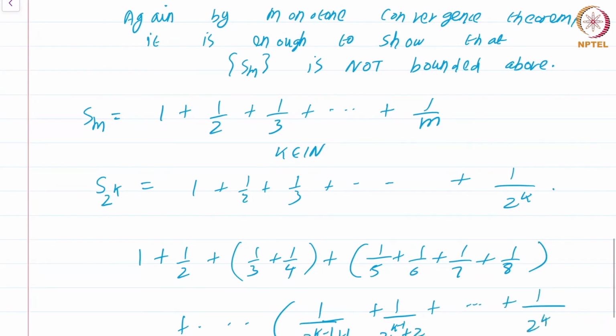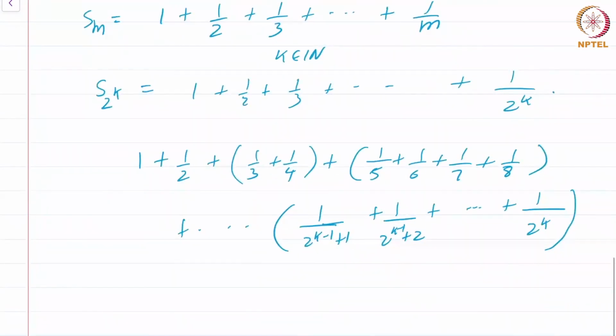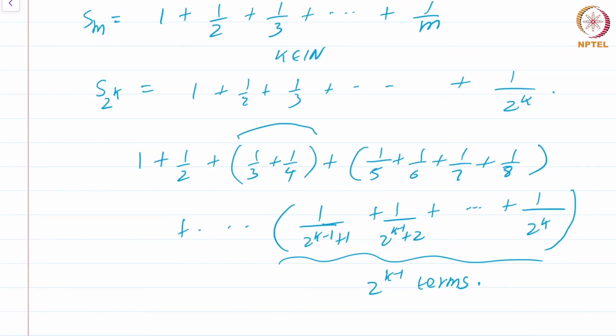Okay, and here there are 2^{k-1} terms. You see what I have done? I combined 2 terms first, then I combined 4 terms, then obviously I'm going to combine 8 terms, and so on, and finally I'm combining 2^{k-1} terms.